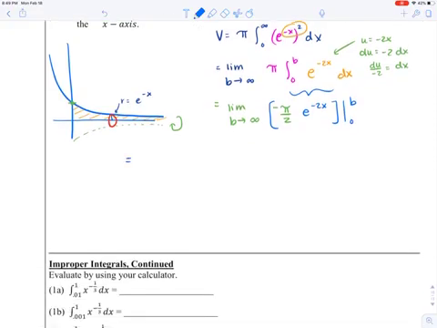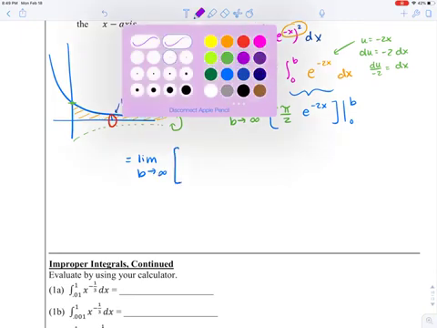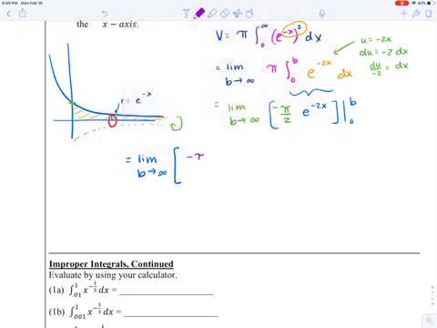So we're going to plug in our bounds next. The limit as b approaches infinity of negative pi halves e to the negative 2b minus negative pi halves e to the 0, and we know that anything to the 0 power is 1.